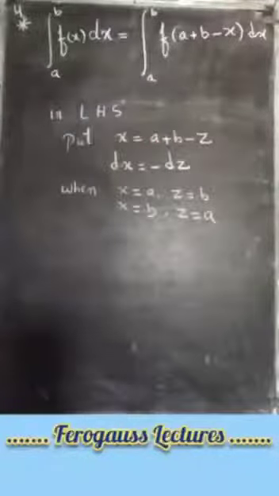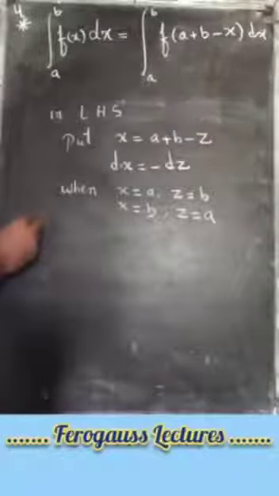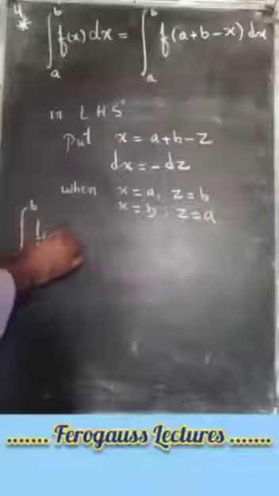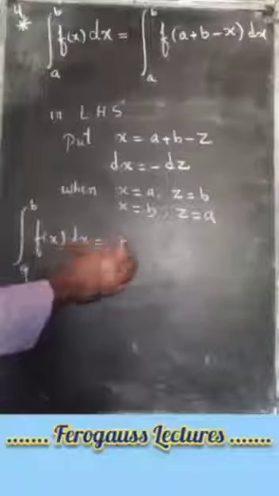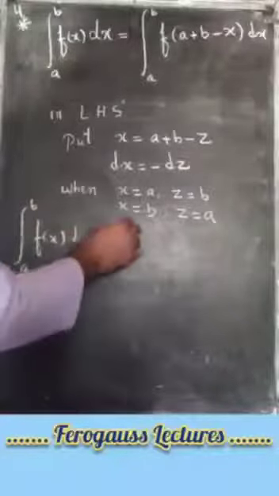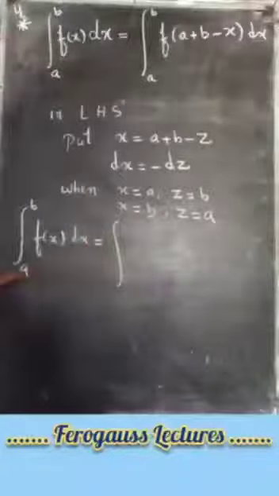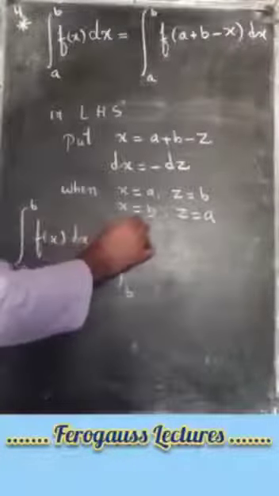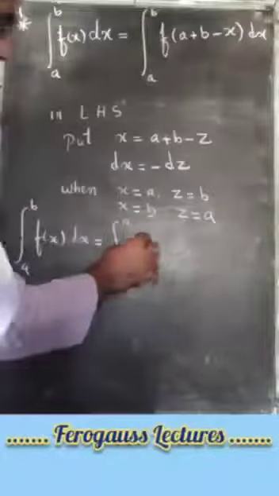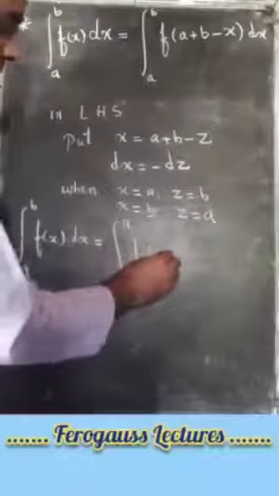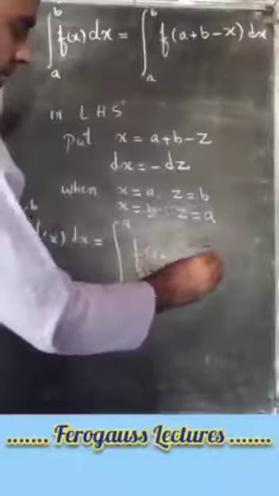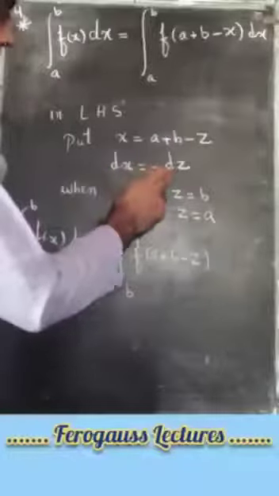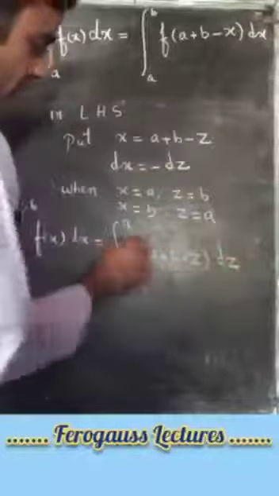Thus integral a to b f(x) dx is equal to integral, now when x is a, z is equal to b, and when x is equal to b, z is equal to a. We have f of, instead of x we have to write a plus b minus z, then instead of dx we have to write minus dz, so we write dz and we put a minus sign here.